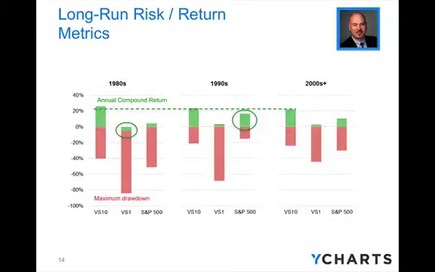Now, these red bars represent maximum drawdown. This maximum drawdown that's pretty large back in the 1980s represents the returns around the Black Monday event in 1987. Other than that, though, you can see that the maximum drawdowns for the VS10 group were pretty consistent.